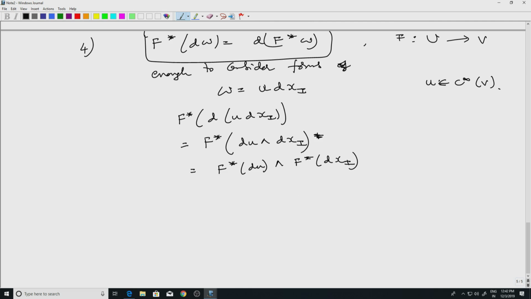Now f star du, it's quite straightforward to check that f star du is the same as d of u composed with f, and one can see this just by acting on a tangent vector v. What is f star du after all?